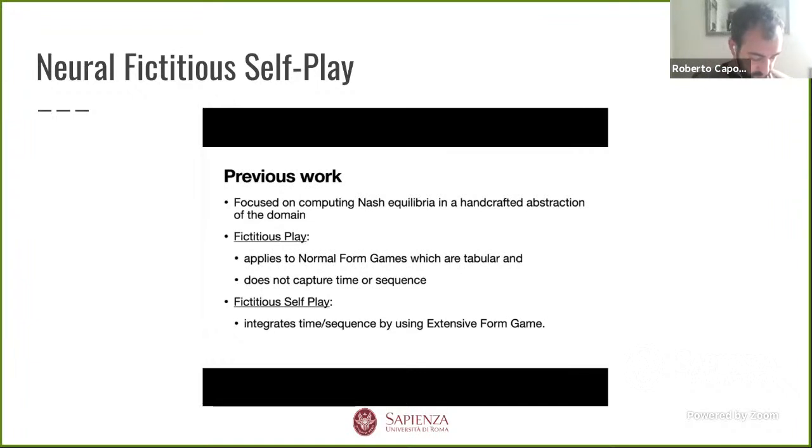Fictitious play is an iterative method for learning Nash equilibrium. The problem is that it only applies to normal form games, which are tabular and do not capture time and sequence. The other one, fictitious self-play, is a method that fixed the above problem by integrating time and sequence using extensive form games.